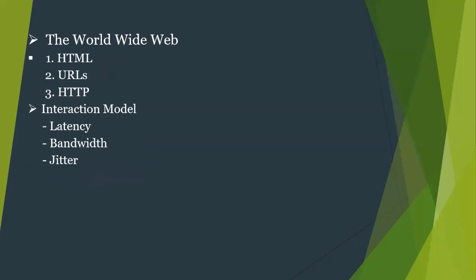So the next point is the World Wide Web. The World Wide Web is ordinarily known as the web, or WWW. The WWW is not identical to the internet, but it is the most prominent fragment of the internet.